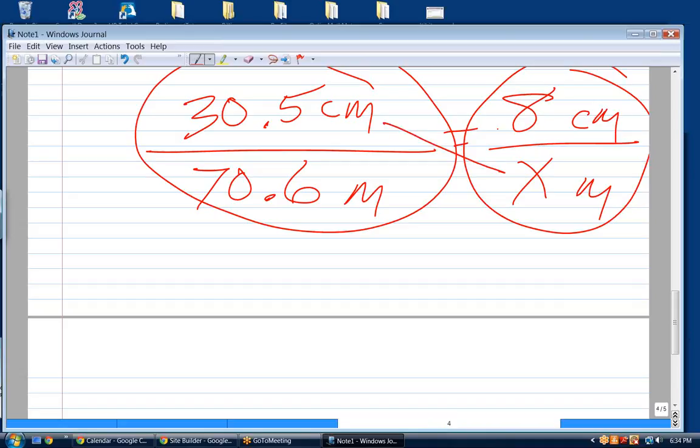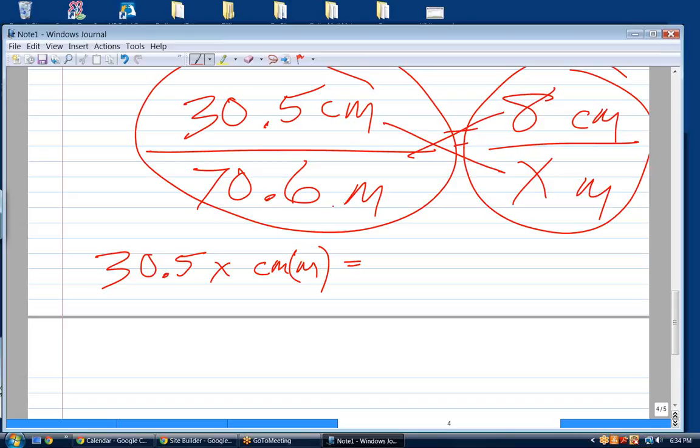Multiply those two equals the product of those two. So I have 30.5x, units on it are centimeters, meters, equals 8 times that. What's 8 times 70.6?